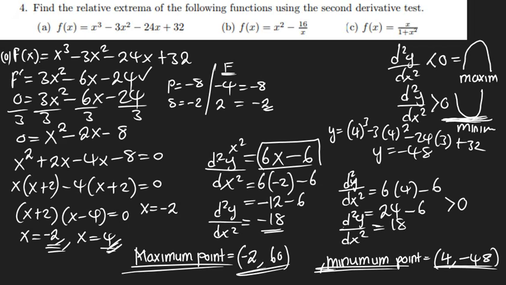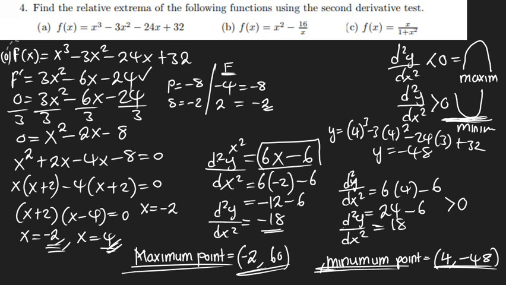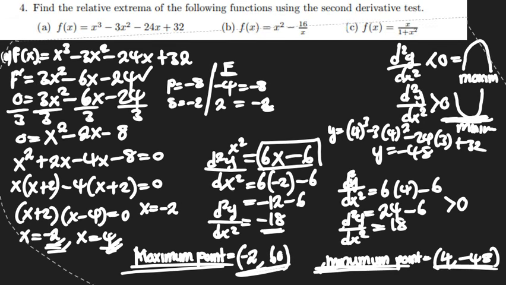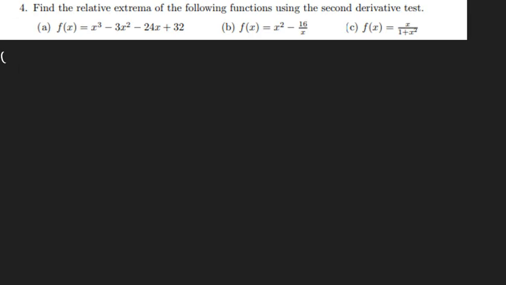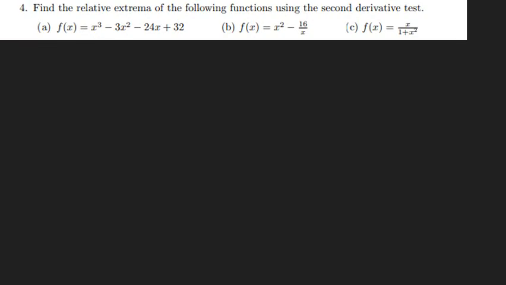It's actually very simple. Let's do the second one, just for the sake of clarity and assurance that we have understood what we are doing and we are not guessing. So we have the function f of x is equal to x to the 2 minus 16 over x, right?